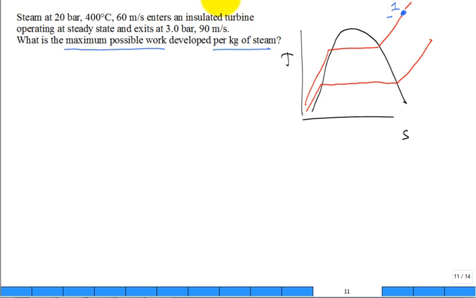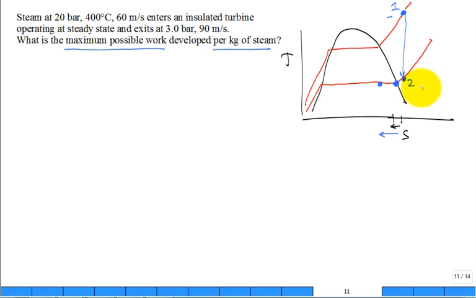Now, somebody said, if I went here, I would actually have a decrease in the entropy. And if I went here, I'd even have a greater decrease in the entropy. Both are impossible. So if it's still a well-insulated turbine, the best you can do is straight down. And when you go straight down in this problem, you'll have slightly superheated steam at the exit.